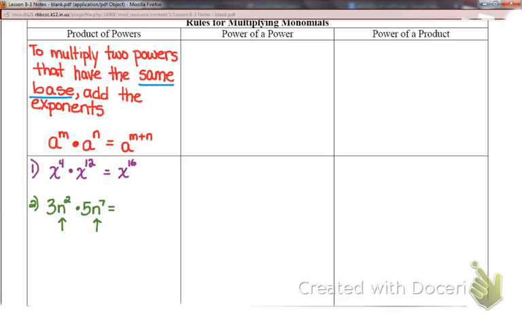They have the same base, which is n. This problem also has constants or coefficients, and that's the 3 and the 5. You do actually get to multiply the coefficients together. So that's the first thing to do, is to take the 3 times the 5, which is 15.